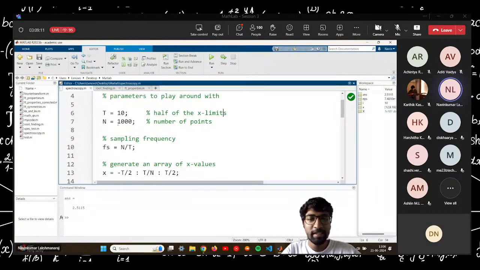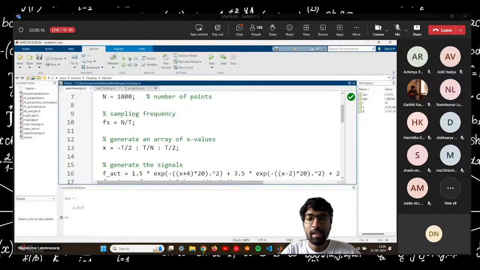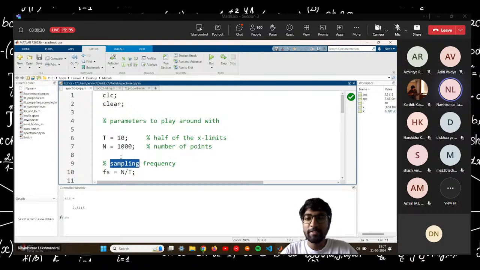And then I'm also generating 1,000 points from -10 to 10. Now there's a quantity that is known as the sampling frequency, which is given by n divided by t, which essentially tells you how often you actually pick out data from the actual signal.